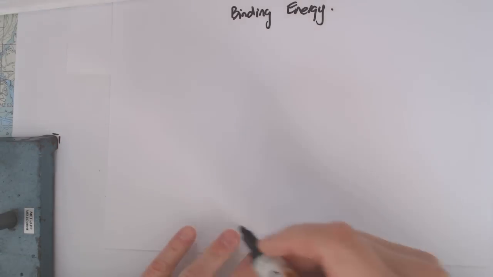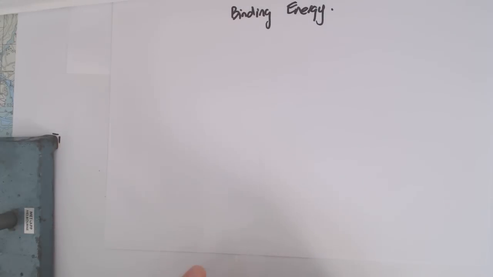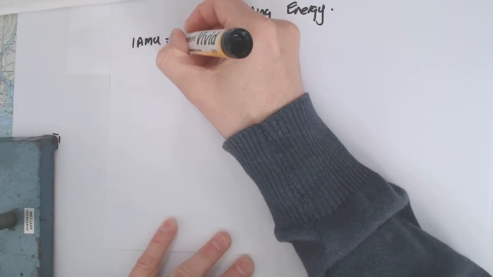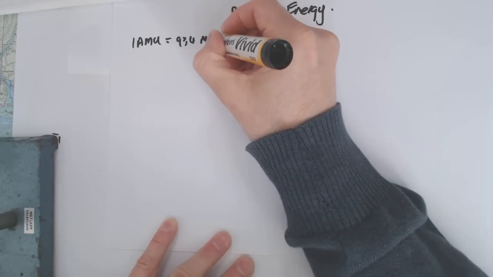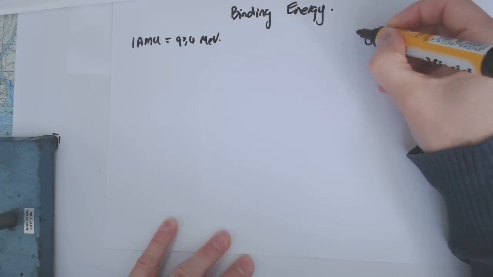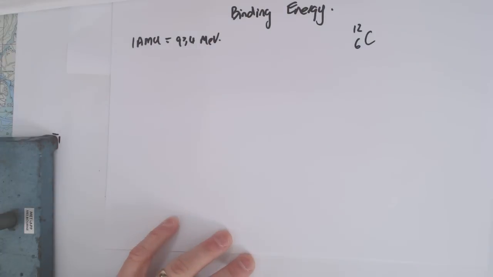But I think we already looked at atomic mass units, or you should have there on the videos, and electron volts, and you know that one atomic mass unit is equal to 934 mega electron volts, and we looked at the fact that carbon-12 was used as the basis for that.